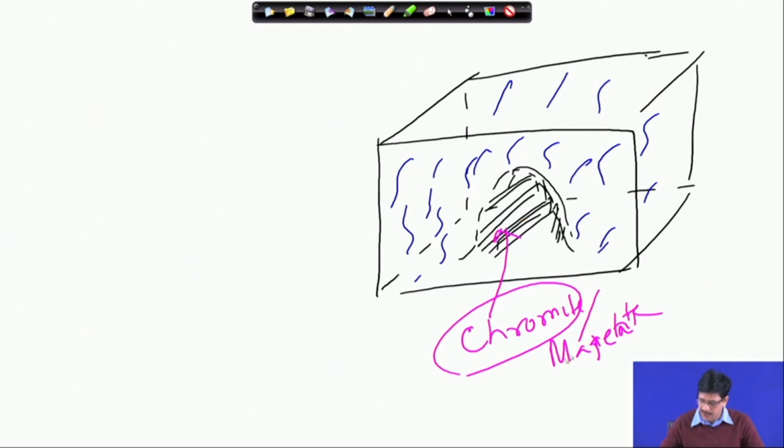Say if it happens to be a body of magnetite, then by virtue of its higher magnetic susceptibility, it will also cause a local magnetic field which can be measured by a magnetometer.